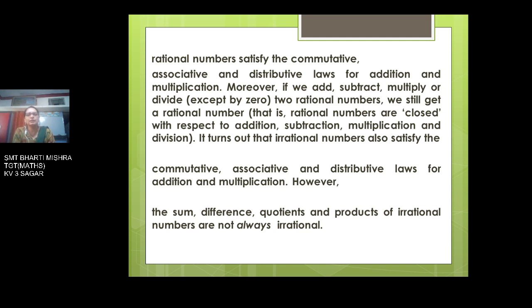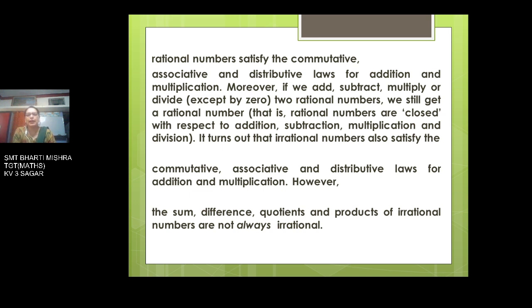Here we have the properties of rational numbers, that is, the operations on rational numbers. Rational numbers, as you have studied in class 8, satisfy the commutative, associative and distributive properties for addition and multiplication.